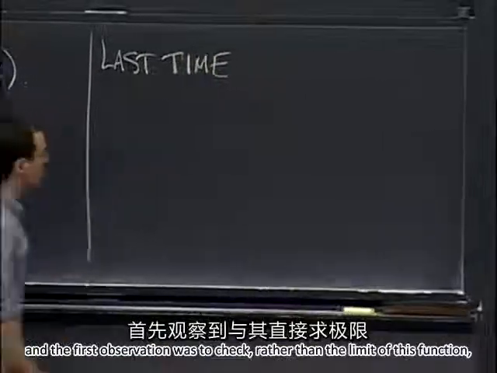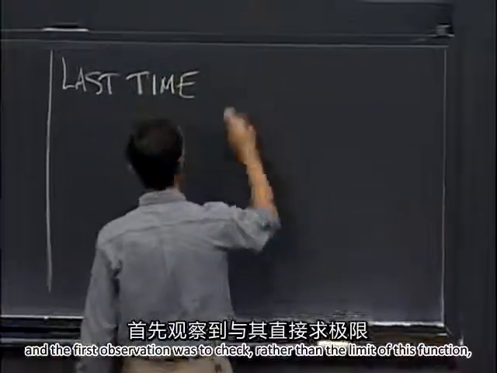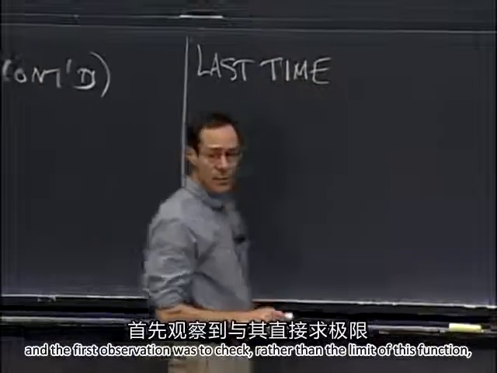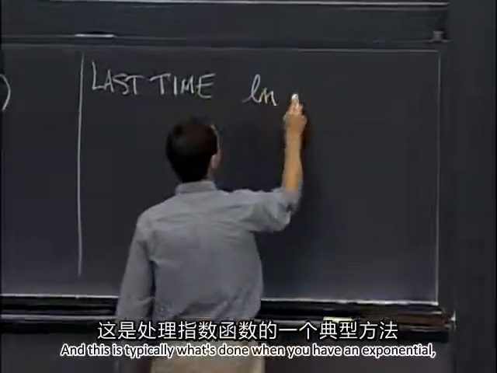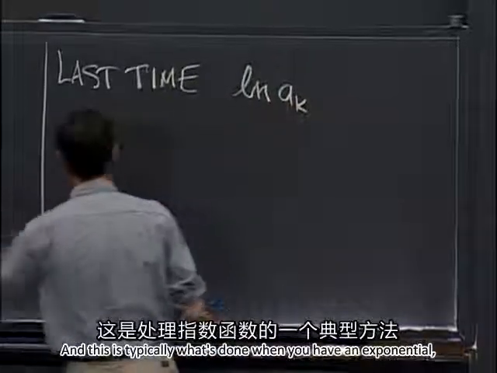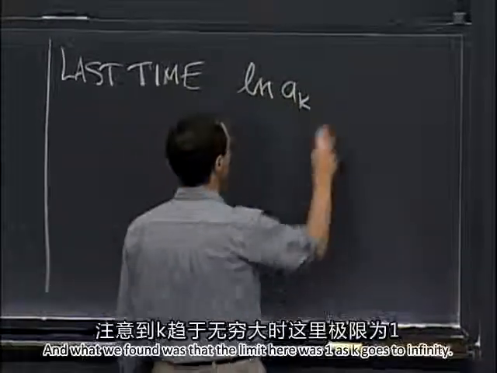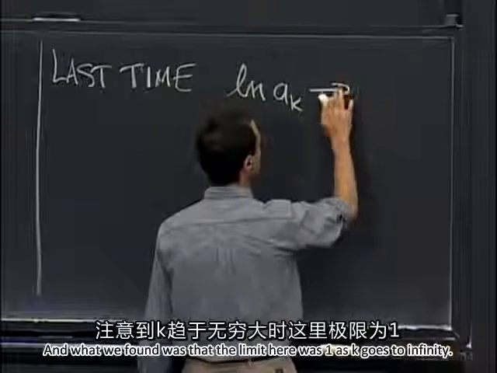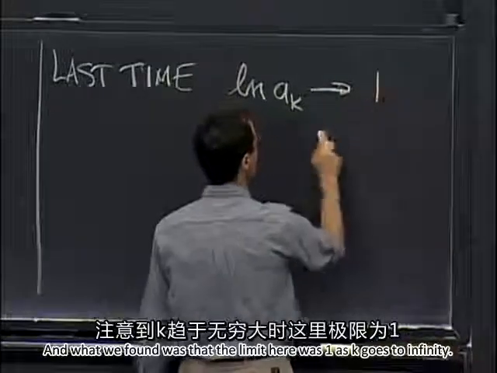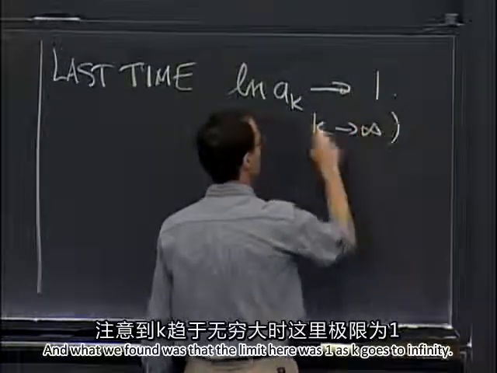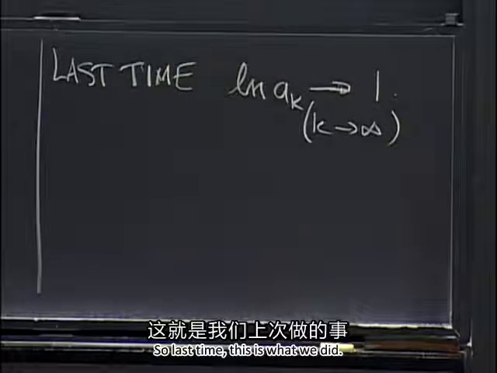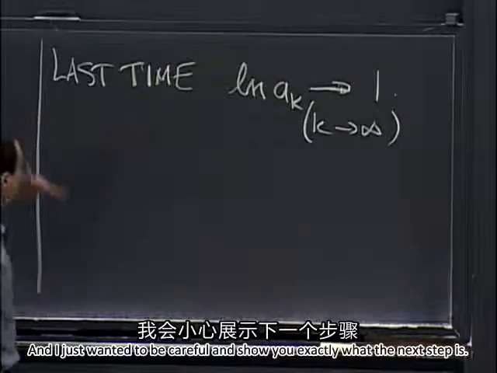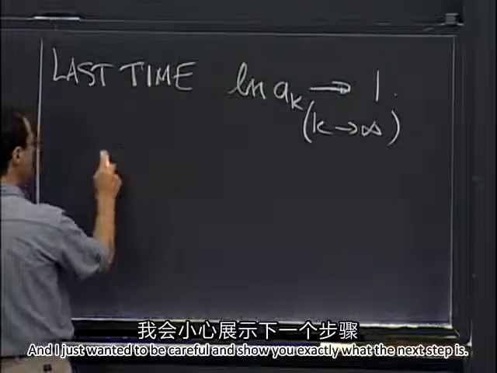And the first observation was to check, rather than the limit of this function, to take the log first. And this is typically what's done when you have an exponential, when you have an exponent. And what we found was that the limit here was 1 as k goes to infinity. Now, so last time this is what we did. And I just wanted to be careful and show you exactly what the next step is.